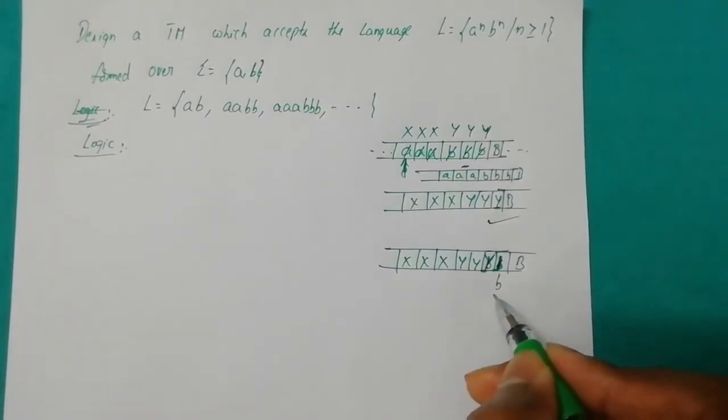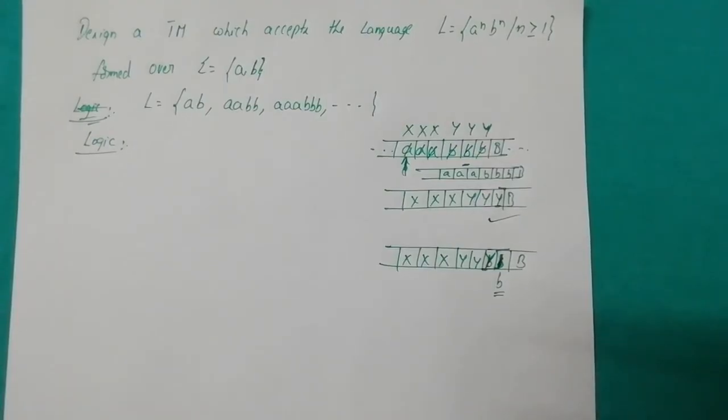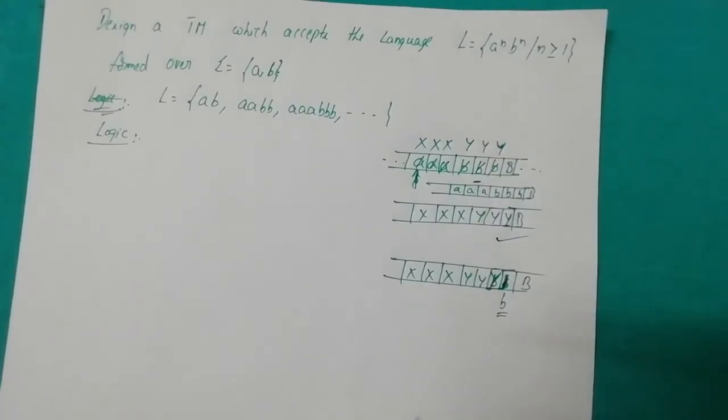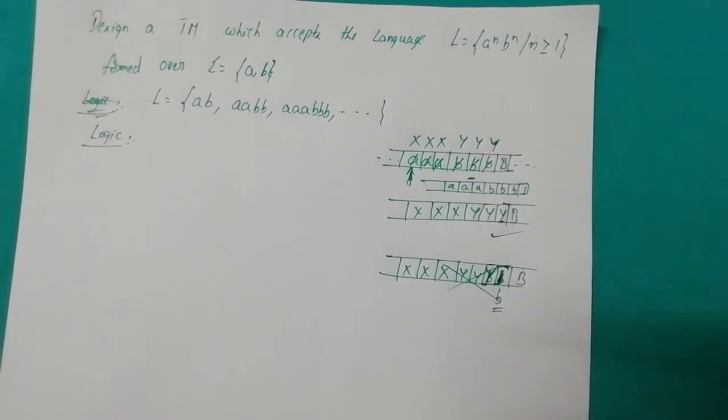In this case at least one B is more than the number of A's. In that case, our machine should not accept these types of strings. This is a rejected string.